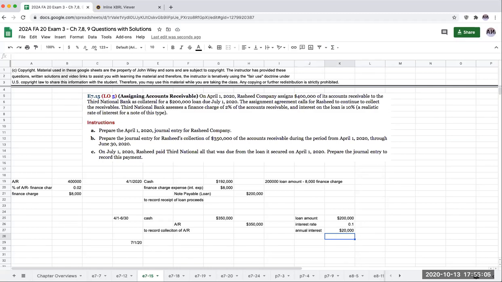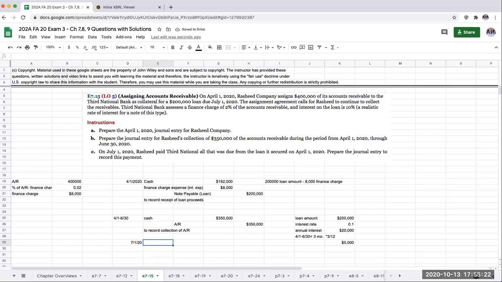So I'm going to multiply this by 3/12, or April 1st through June 30th, which is 3 months. When I multiply this by 3/12, I get $5,000.